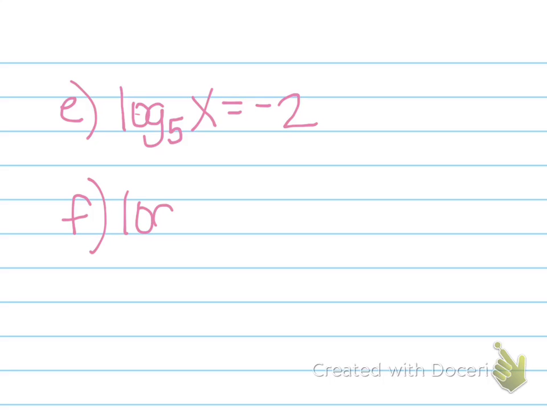So E says log base 5 of x equals -2, and F says log base 6 of 1 equals x. So here, rewriting log base 5 of x equals -2.